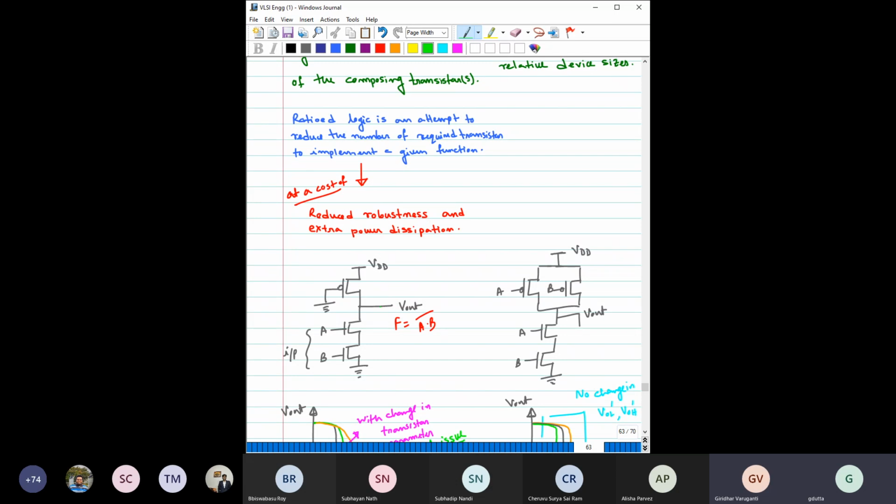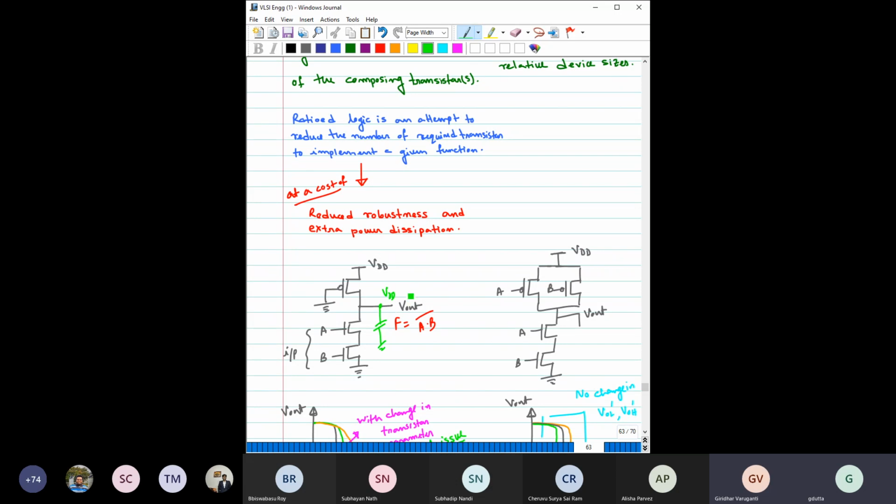Because if you consider the CL here, this is PMOS, its gate is grounded, so this transistor is always on and always tries to supply current. Only when A and B are both on will the capacitor be discharged; otherwise it will be charged and continue to hold the potential VDD.